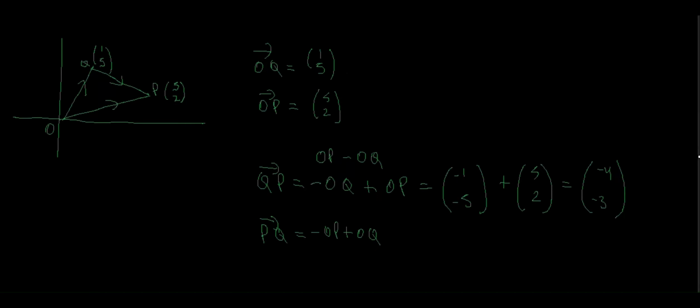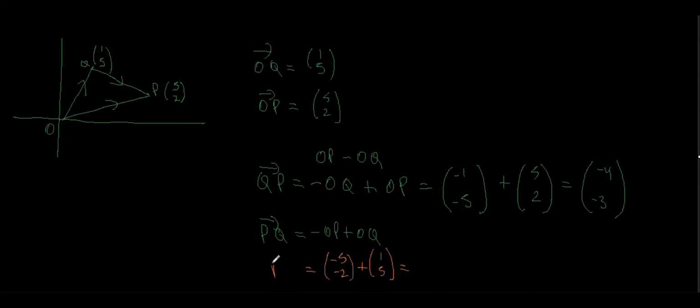Let me color code this example. So negative OP is negative 5, negative 2, plus OQ, which is 1 and 5.